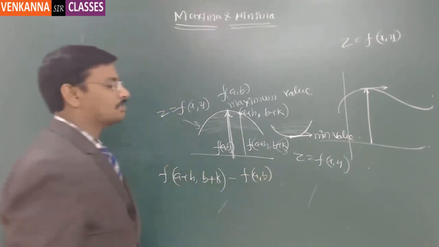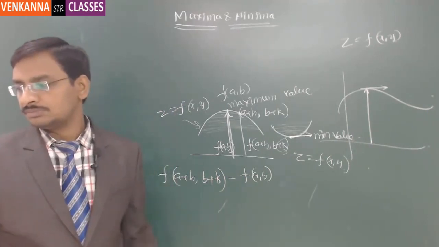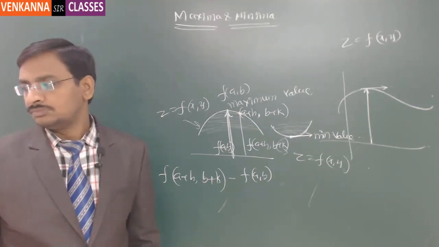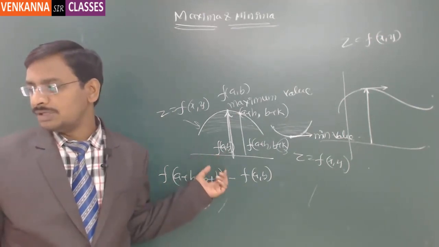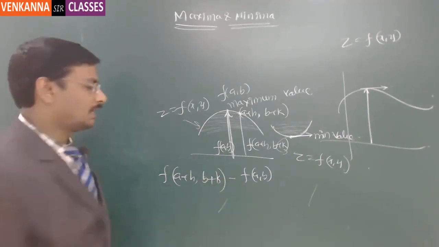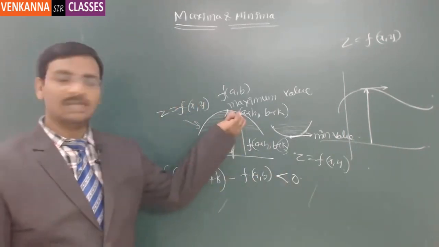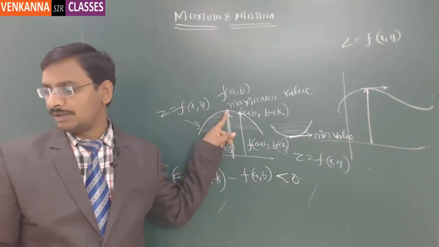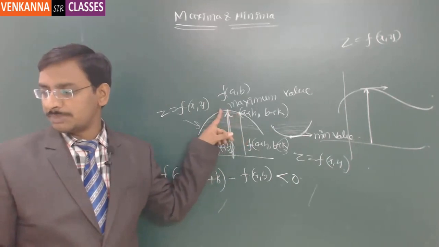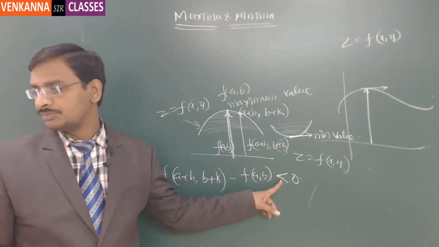For a maximum value, should it be positive or negative? It should be negative. Why? Because f of a plus h comma b plus k should definitely be less than f of a comma b. From this you are subtracting a maximum value, that's why you will get a negative. Got it, Ravindra?